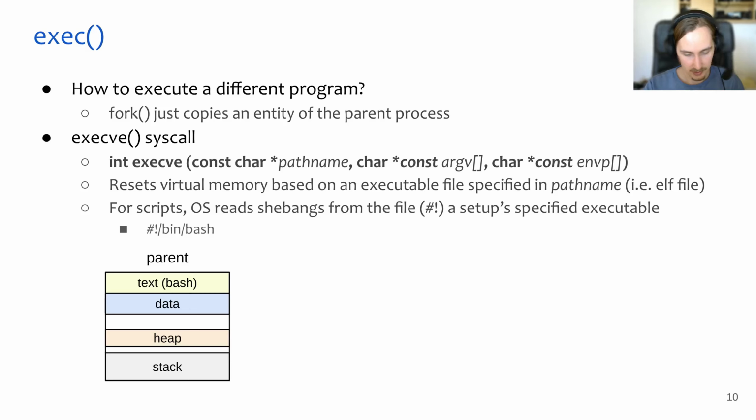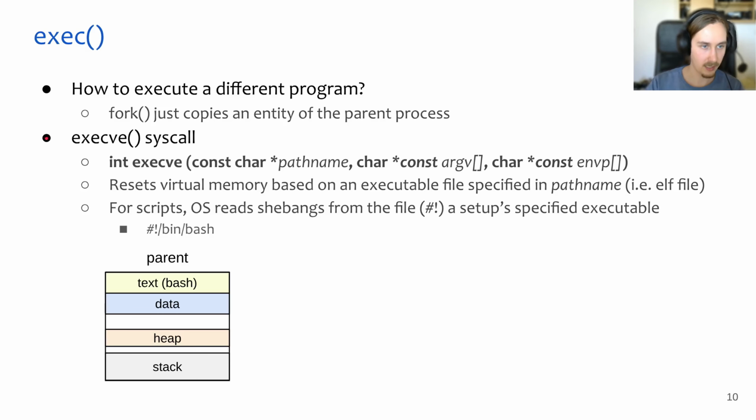And this brings us to the next part, because now we have two processes, each with their own address space, but now the new process, in the case of our bash example, wants to run the ls binary. And to do so, we call execve, which actually starts the new binary.